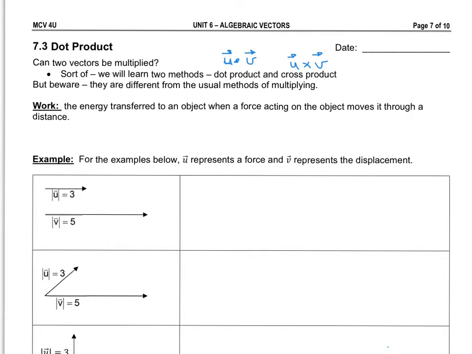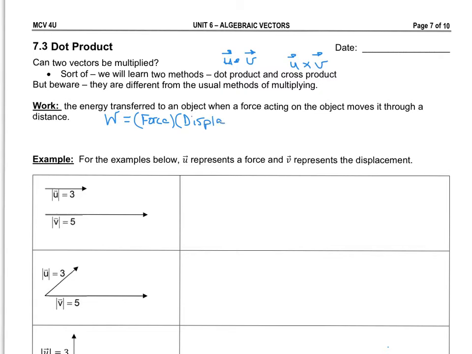So I'm going to relate this to some physics here. Work in physics is the energy transferred to an object when the force acting on the object moves it through a distance. So what we have with that is that work, W, capital W for work, is our force multiplying our displacement.